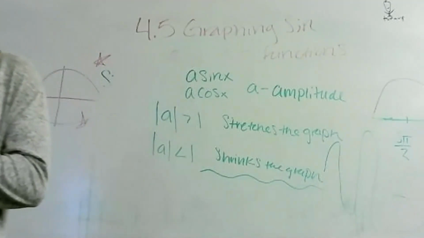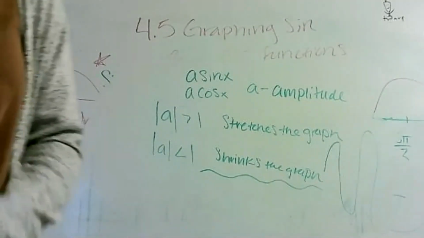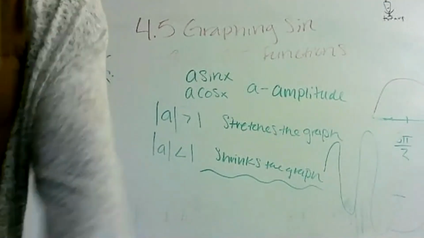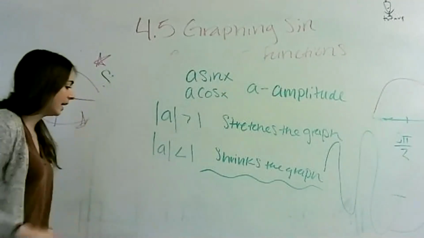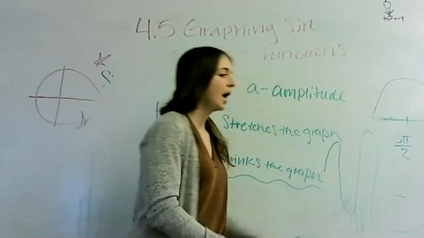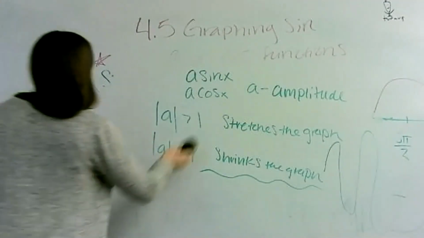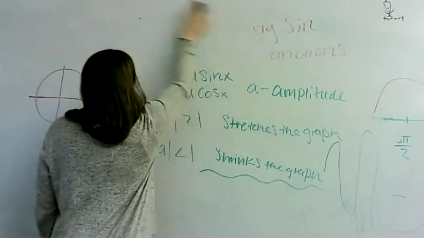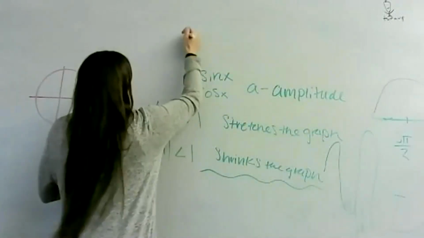The one thing I need you to do for me, we have just a couple more minutes left here, it's not that hard of a thing. This is for your own notes too, and we can go over this tomorrow. I want you to graph the following functions for me and bring it back tomorrow.